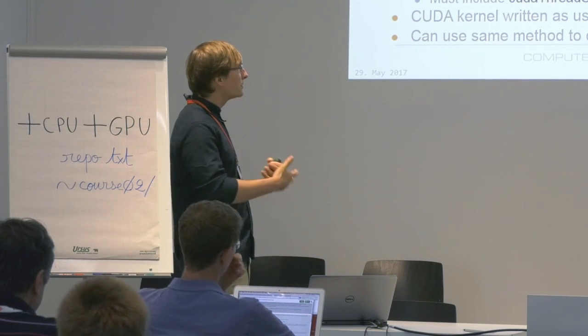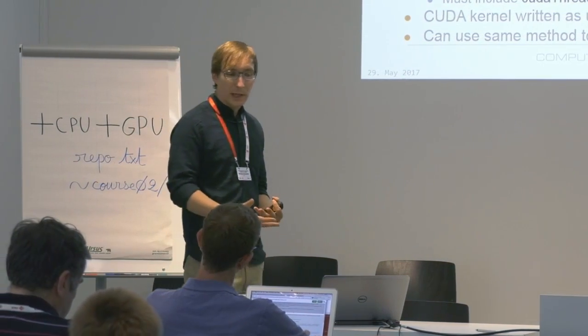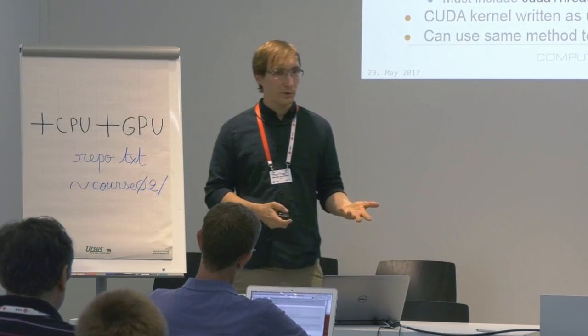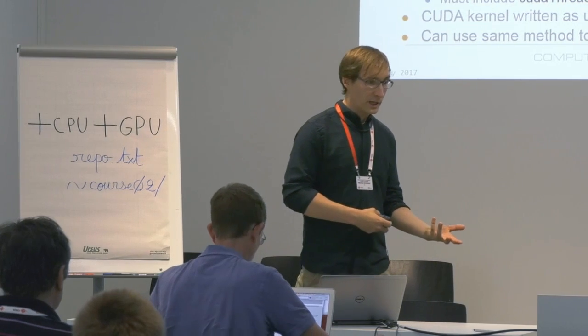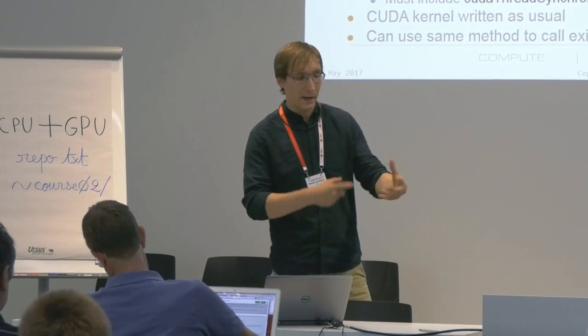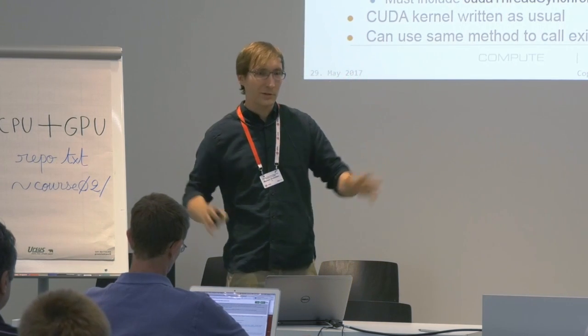But maybe you have your complex code and you realize that your trivial OpenMP port is not performing as you want, and you put much more effort into that, and you say, okay, I have this function here which takes 80% of my runtime.